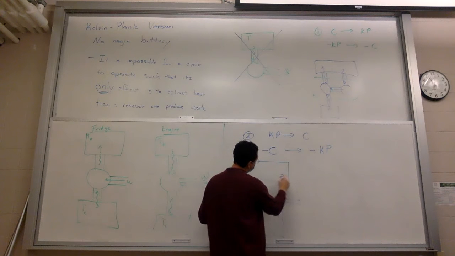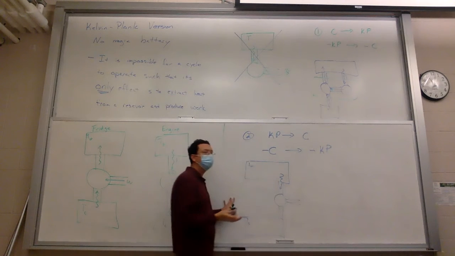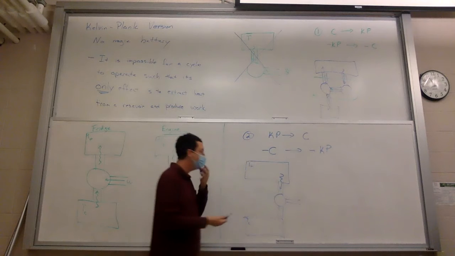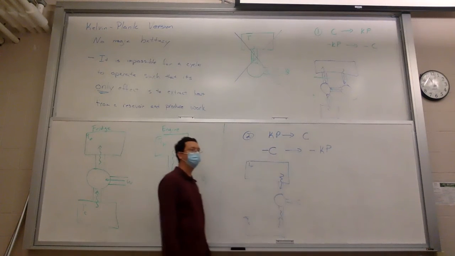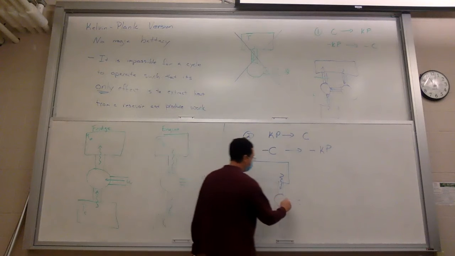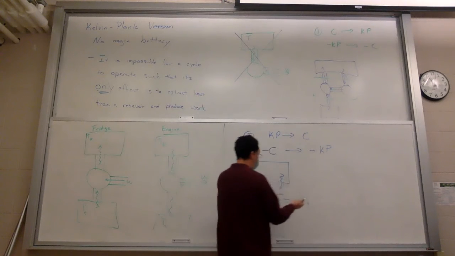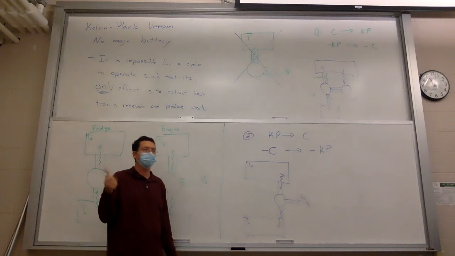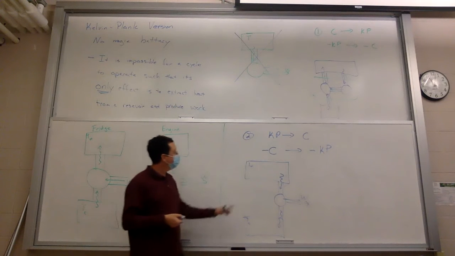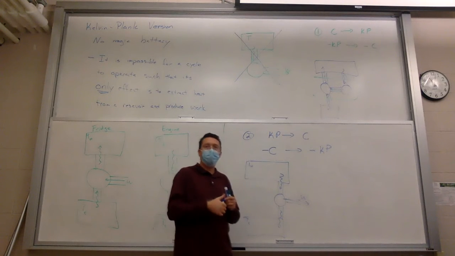It takes heat from a boiler or something hot, and it dumps heat into the room, into the cold reservoir, and it produces work. This is just a normal power cycle. There's nothing wrong with that. Okay? But I want to turn this into a magic battery.